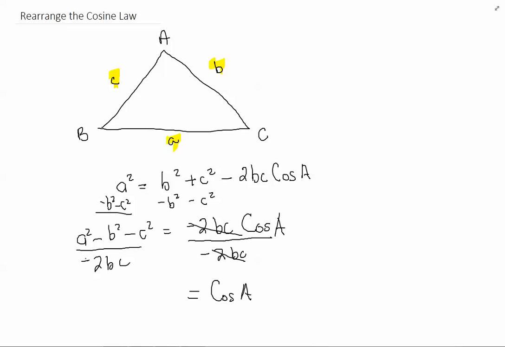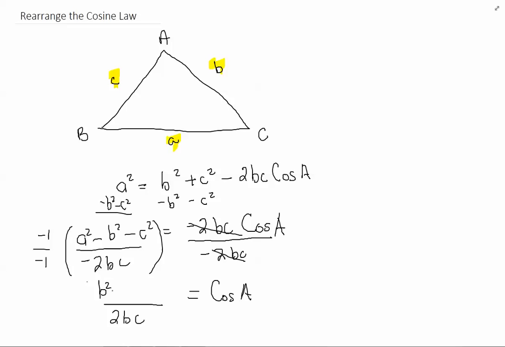One of the things that happens with this is that we multiply by negative 1 over negative 1, and that gets rid of the negative in our denominator. So we have positive 2bc here on the bottom, and we end up changing the signs of everything inside. So when I multiply that negative through, I have a positive b squared and a positive c squared.